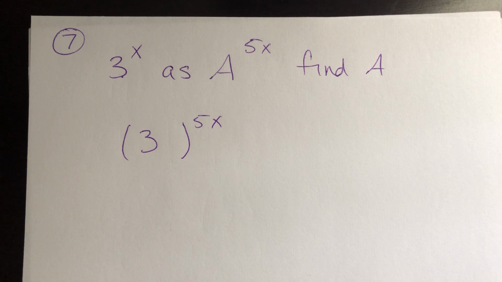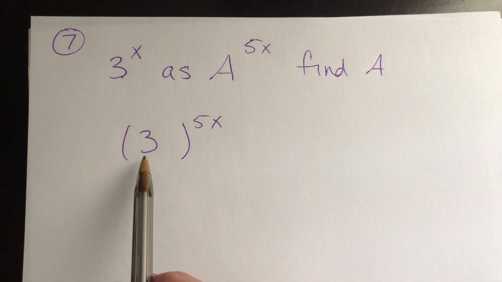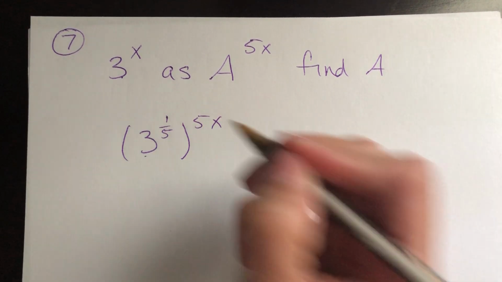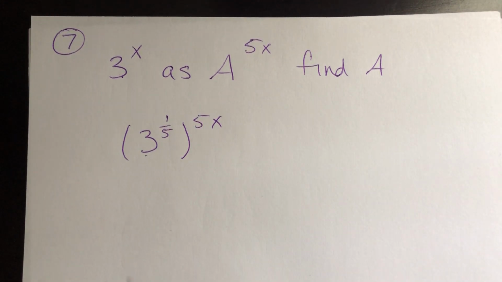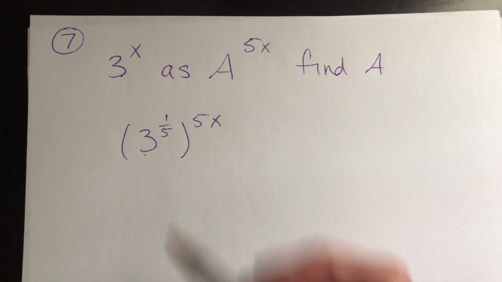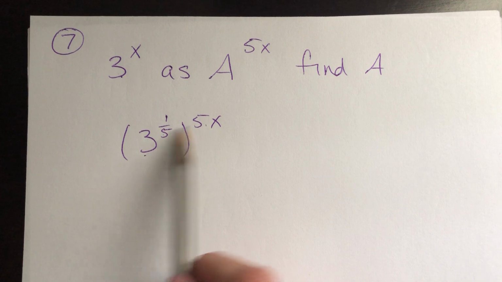So what I can do is I can say 3 to the 1/5. So think that through with me. If I do 1/5 times 5x, let's see what happens. Because remember, power to power, you can multiply those.